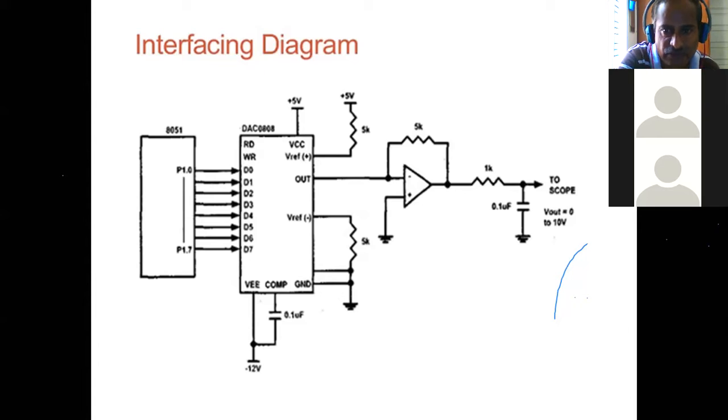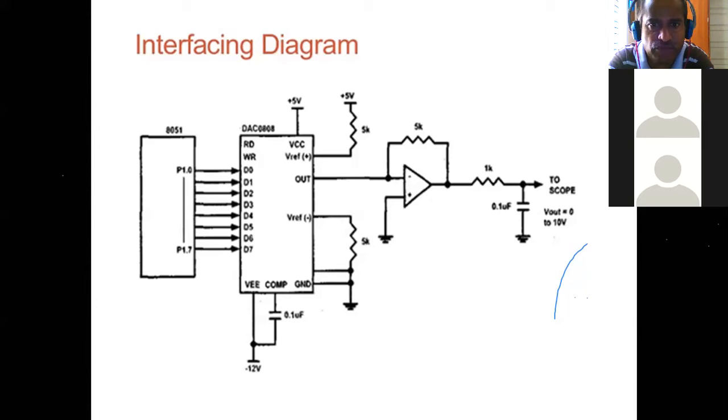So we have used here a current to voltage converter using an op amp, any op amp. This op amp circuit converts a current into a proportional voltage.